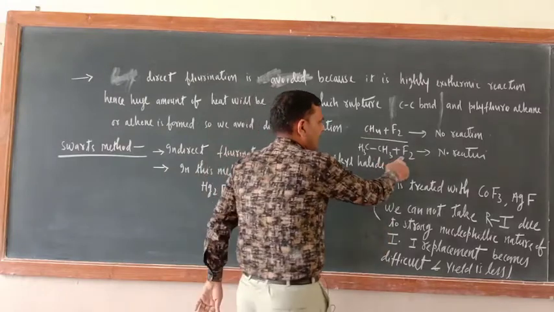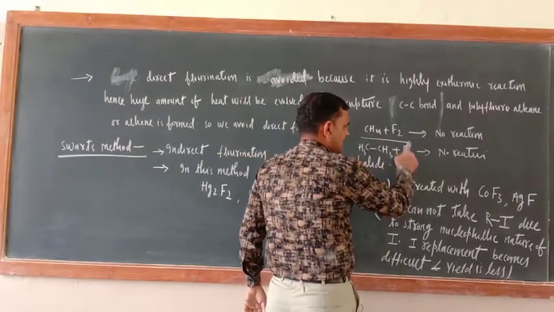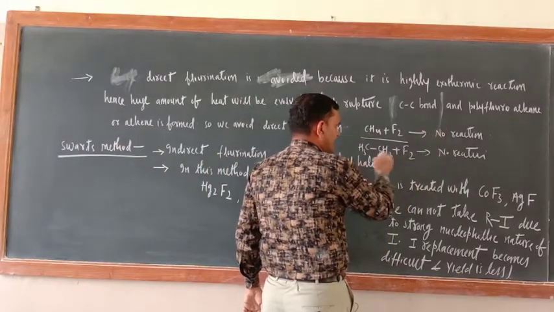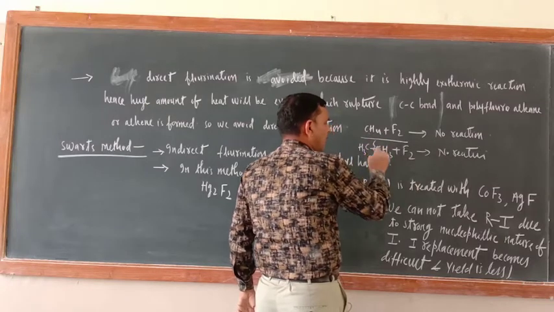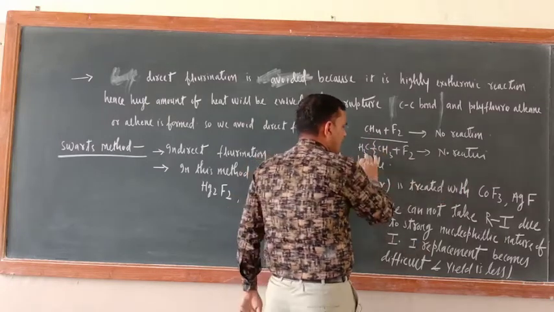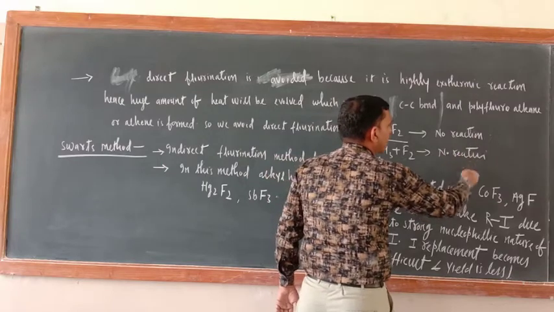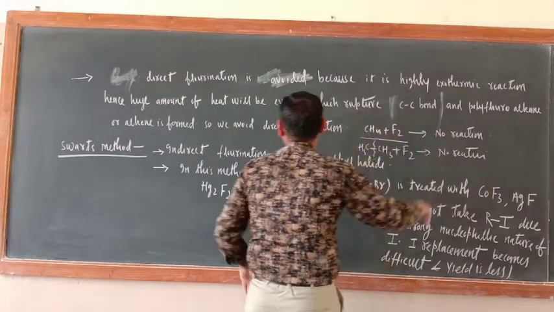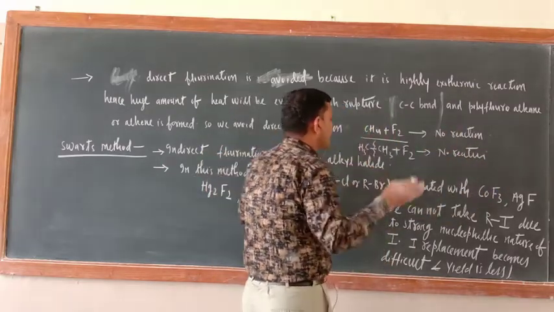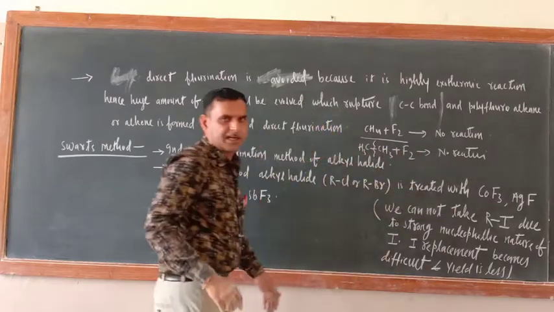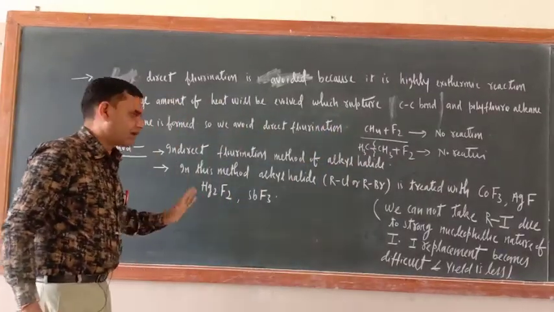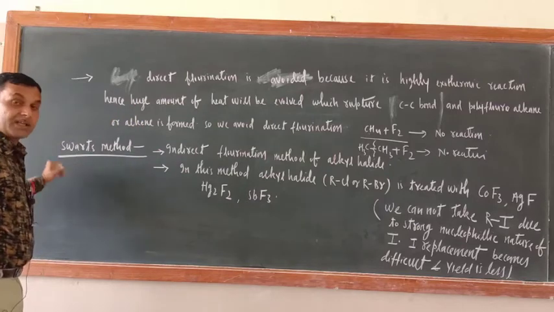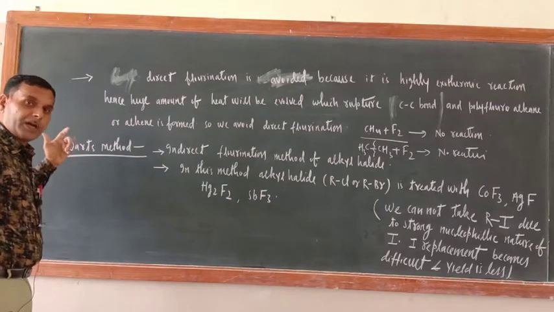Just see, suppose this reaction is taking place, then heat will be generated and this carbon-carbon bond will be ruptured. Polyfluoroalkanes and alkenes may also be formed if you have taken a bigger alkane. Correct or not?